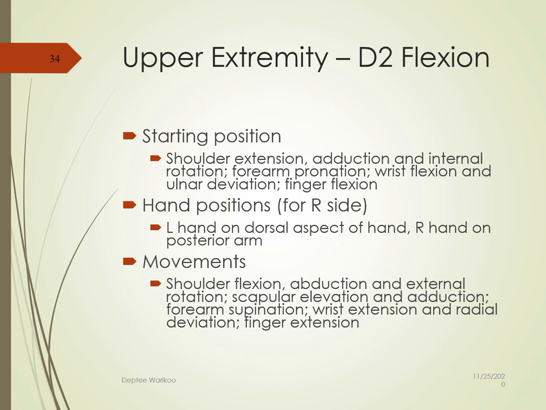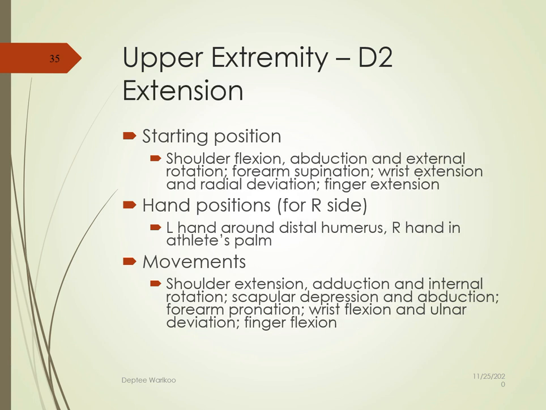And your D2 flexion of upper extremity will end with flexion of the shoulder with abduction, external rotation, elevation of the scapula, abduction of the scapula, upward rotation of the scapula, flexion or extension of the elbow as it is the neutral position, forearm in supinated position, wrist in extension and radial deviation, fingers in extension and abduction. That is the end position of D2 flexion.